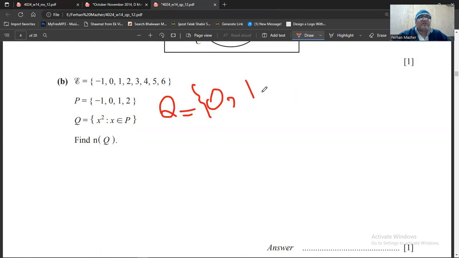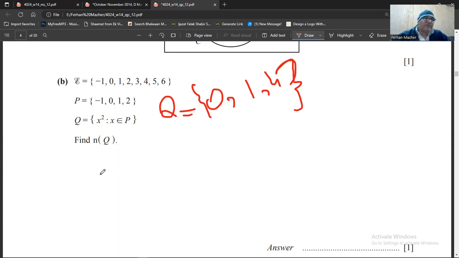Square of the -1 will be 1. Square of the 1 will be also 1. So you don't have to repeat the number. Square of the 2 will be 4. So it is 0, 1, 4.